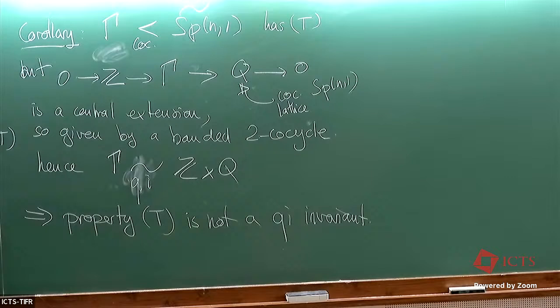Right, I also wanted to say a few words on more groups with property T, a list of groups with property T. Gromov also showed that if you take a hyperbolic group and take a quotient of this hyperbolic group using a really, really long word, then you get something that's still hyperbolic.